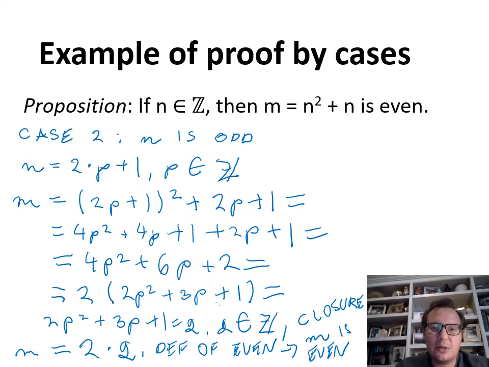And so this concludes the proof of our second case. So in the first case, we proved that this holds for even integers, in the second for odd, and therefore we can conclude that the proposition holds for all integers, because every integer is either even or odd. So that's an example of proof by cases.